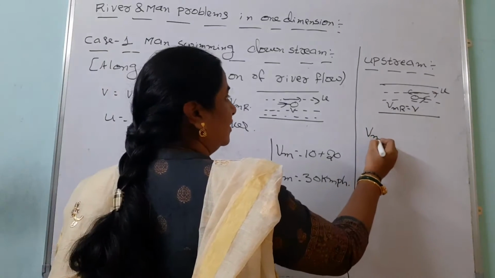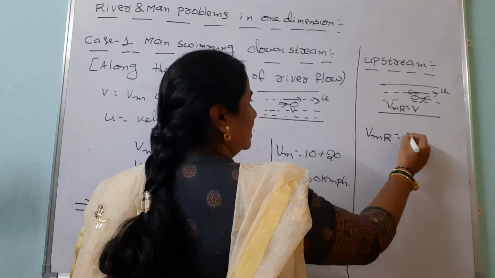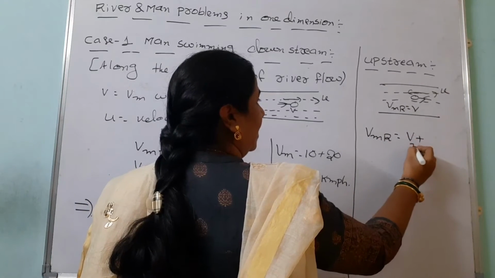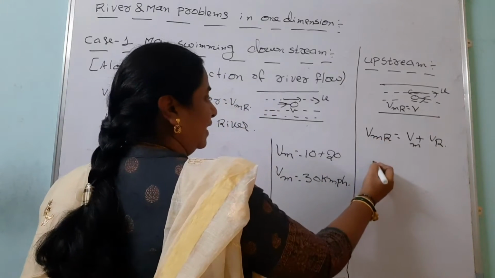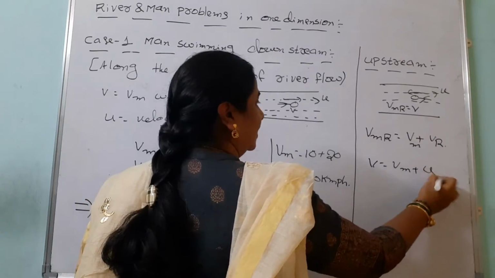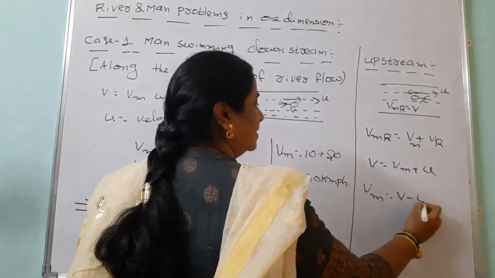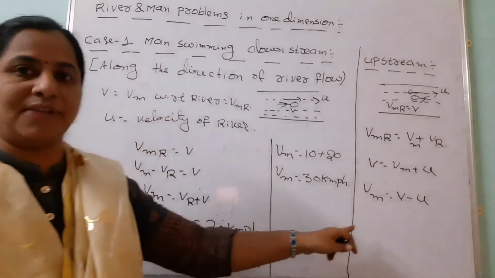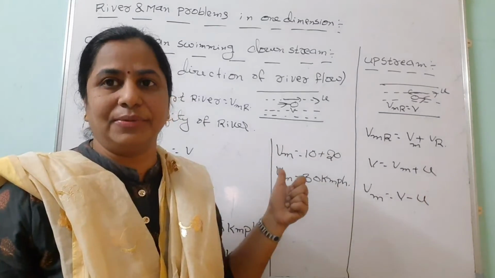So the velocity of the man with respect to river: V equals Vm plus U, where U is the velocity of the river. Finally Vm equals V minus U. So in the case of upstream we get the negative sign. Why? The person is swimming opposite to the river.